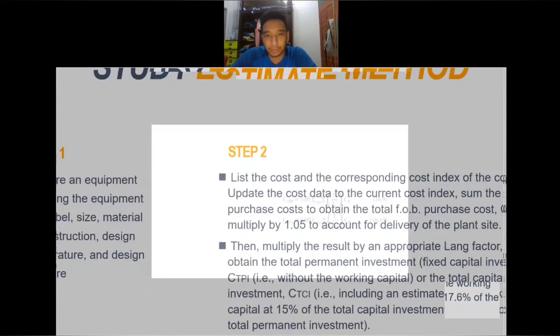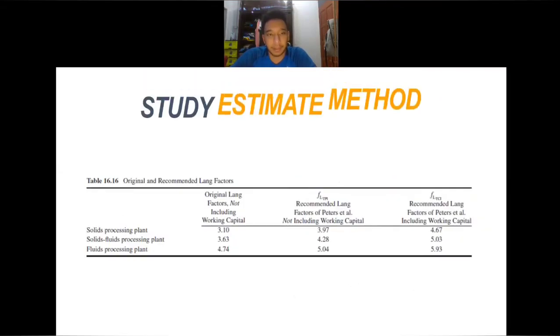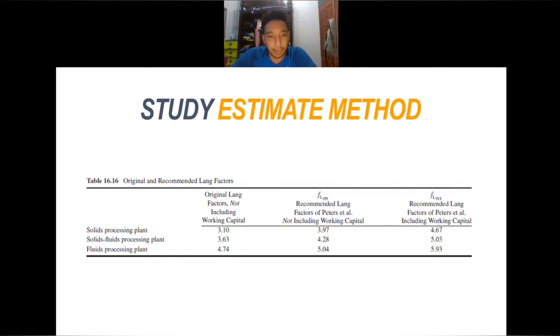Here, 16.9 and 16.10 are used for calculating the TCI, by referring to the Lang factor in the table shown. So I think that's all from me. Thank you.